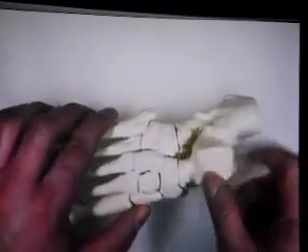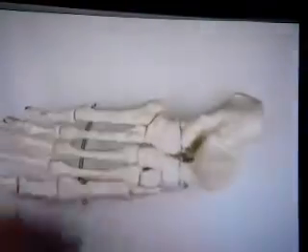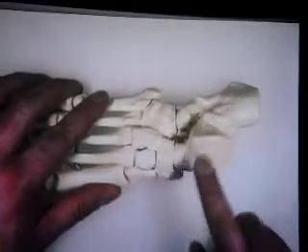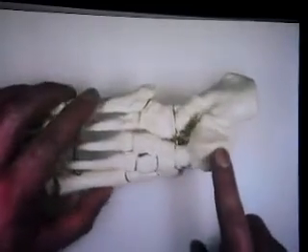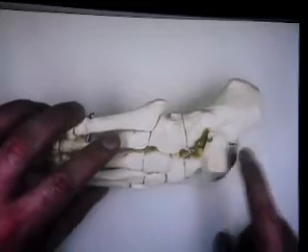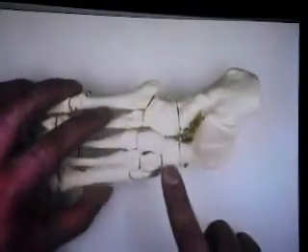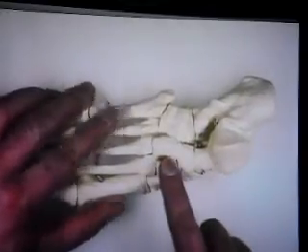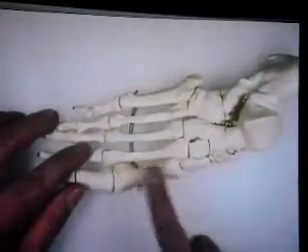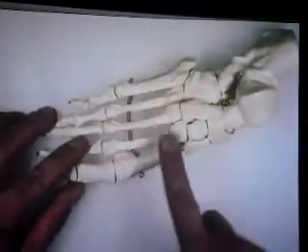This bone right here, which attaches to the tibia, that bone right there is the talus. So that is the talus right there. So that's another bone that we want you to know. So calcaneus and talus. The rest of these, we just want you to know, are tarsals. The remainder of our foot is made up of the metatarsals.